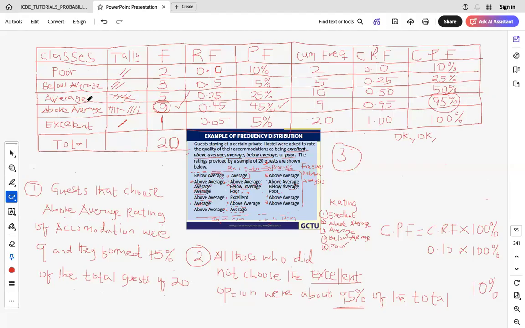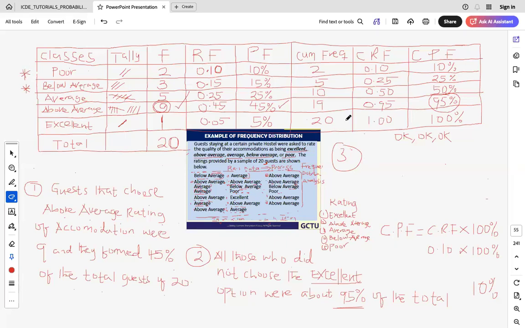Average also means they are okay with the facility. But below average means they are not okay with the facility. Poor also means they are not okay with the facility.